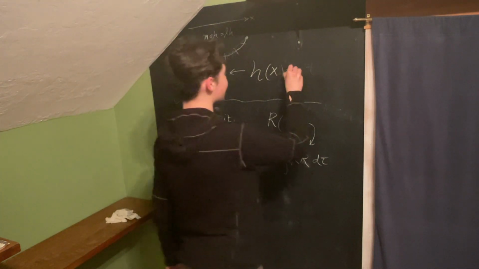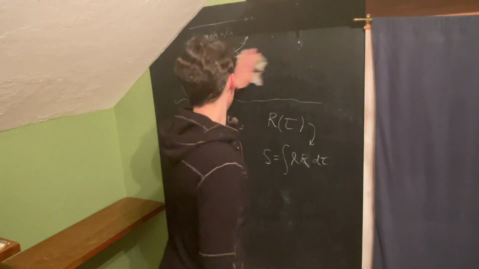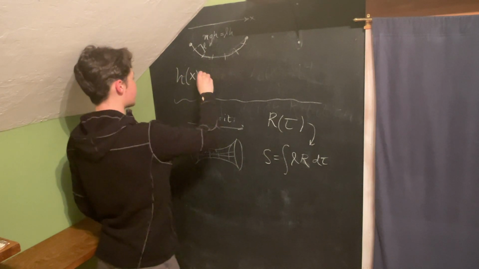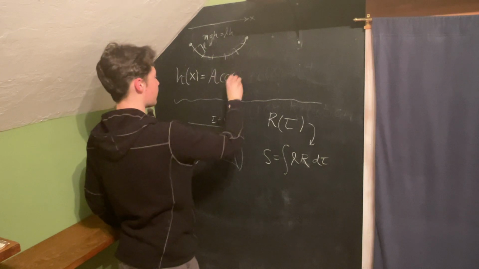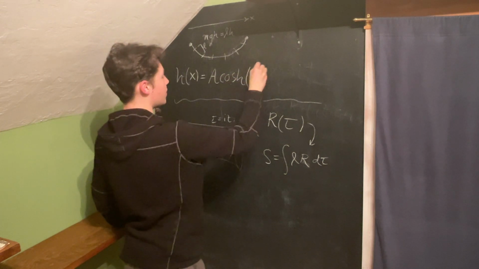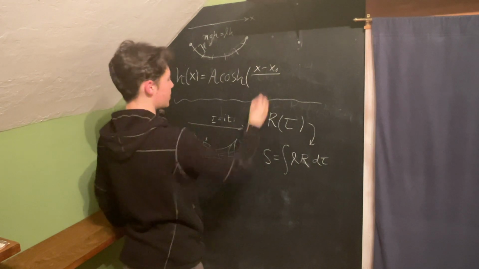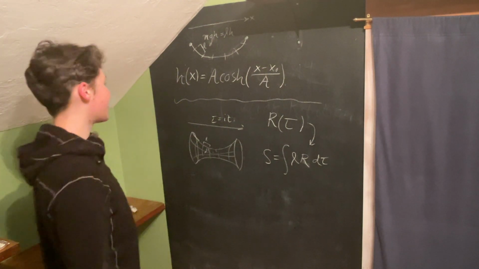This problem's answer is going to be something times, I'm running out of room, so we are going to erase the definition of potential energy, right, that h of x is equal to something times hyperbolic cosine of x minus, I'll call it x naught, over something else. So that's where we are now.